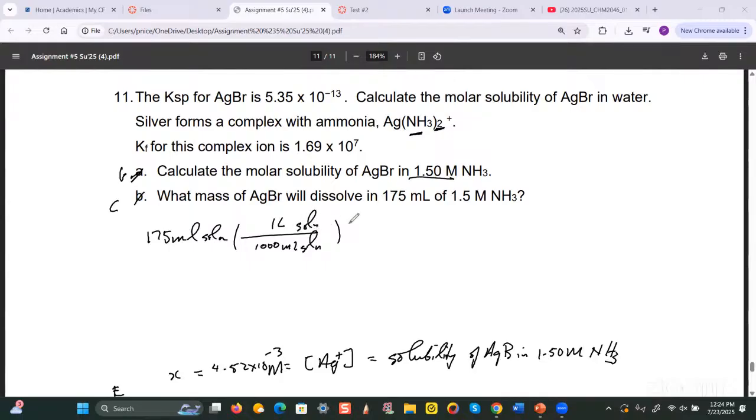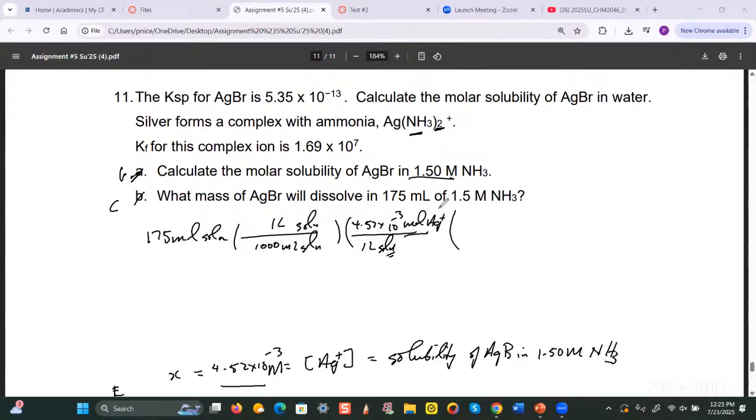And then we multiply this by the molarity that we just calculated here, which is the 4.52 times 10 to the minus 3 moles of silver ions over 1 liter of solution. Let me make this more clear. I think I jumped a step.